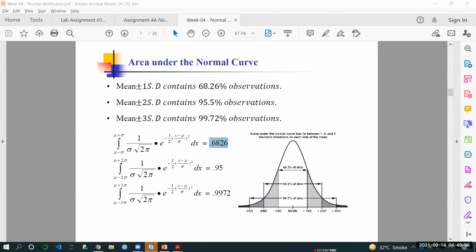Mean minus standard deviation is 65 minus 10 equals 55, and mean plus standard deviation is 65 plus 10 equals 75. So how many students out of 100 will have grades between 55 and 75?